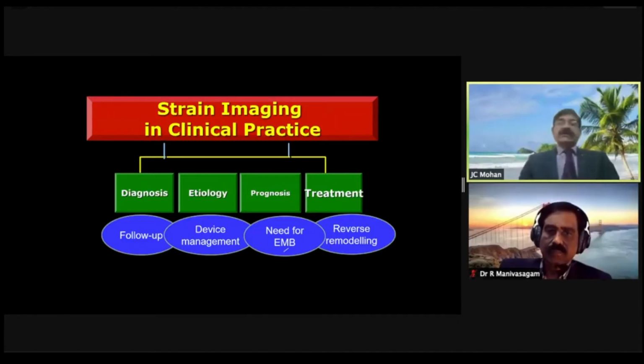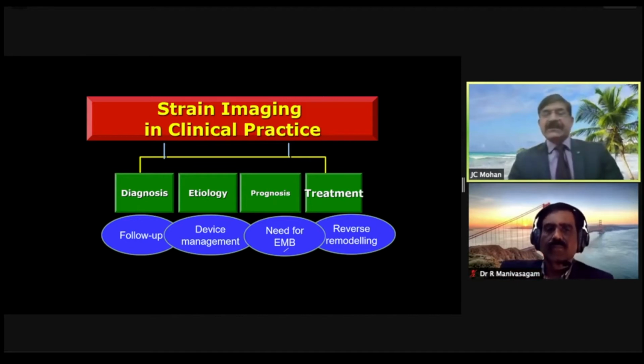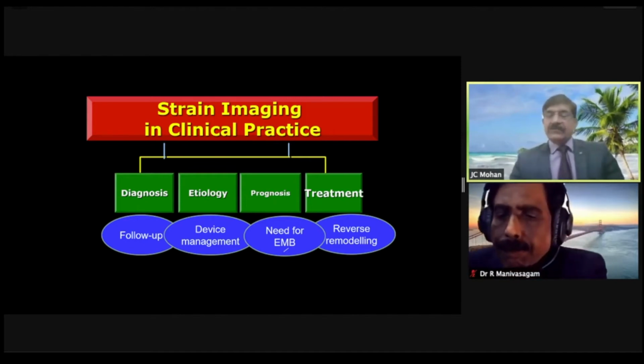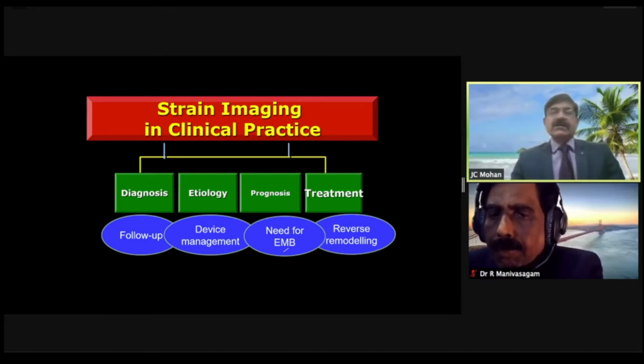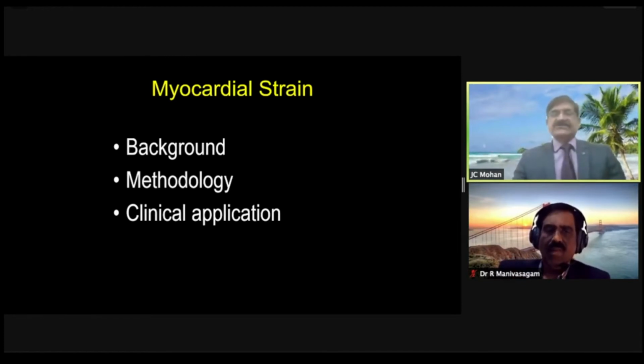Strain imaging in clinical practice is used for diagnosis, establishing etiology, prognosis, treatment, follow-up, device management, and of course, studying reverse remodeling in patients with heart failure. In this presentation, I will take you through the background of myocardial strain imaging, methodology, and clinical applications.